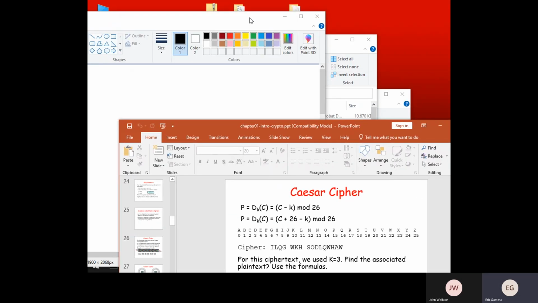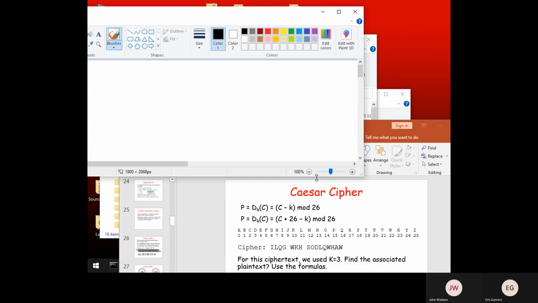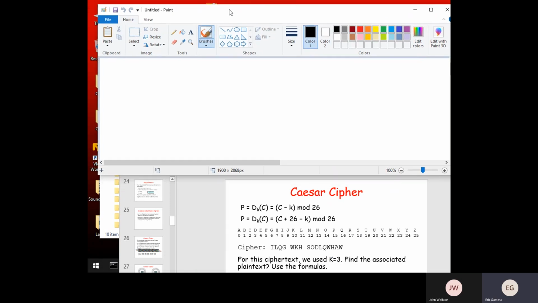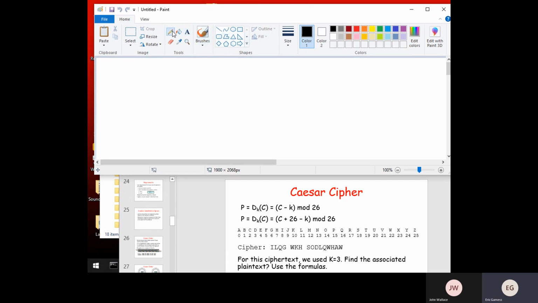So let me see if I can have both. Okay, like that. So look, the first one is the I. This I is ciphertext. And I need to know what will be I in the plain text. So I is 8. So the ciphertext is 8. Let's apply this formula to know the plain text. So the plain text will be the ciphertext, which is 8, plus 26, minus the key.